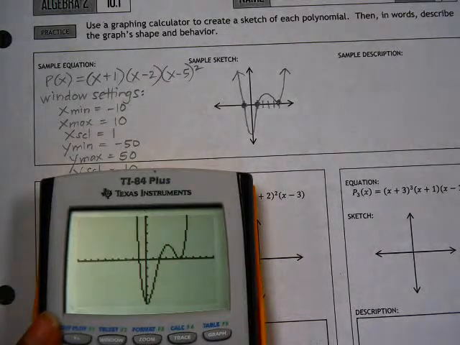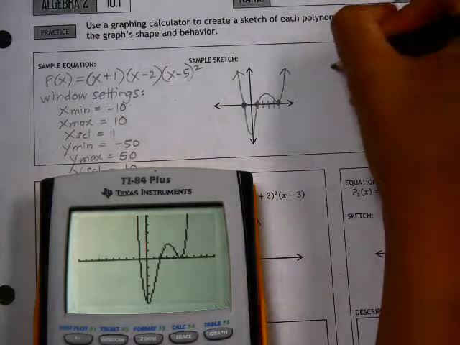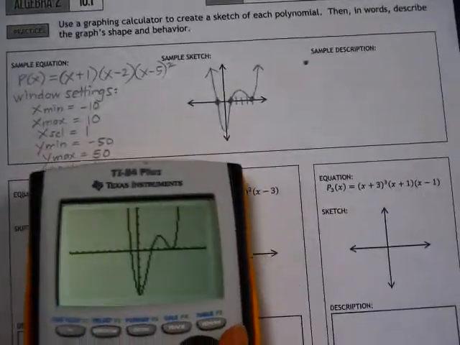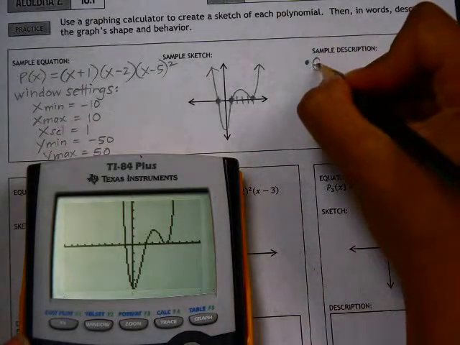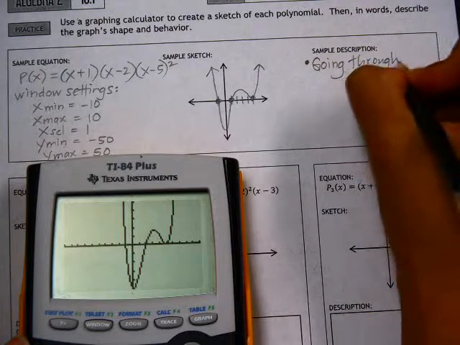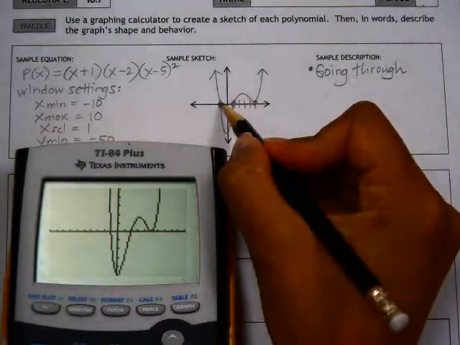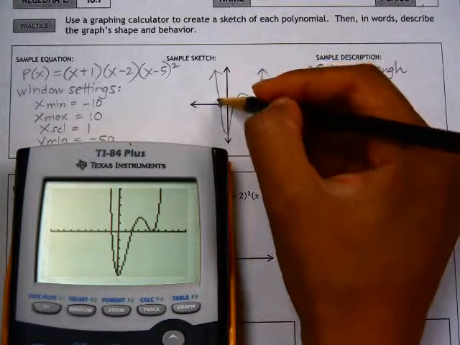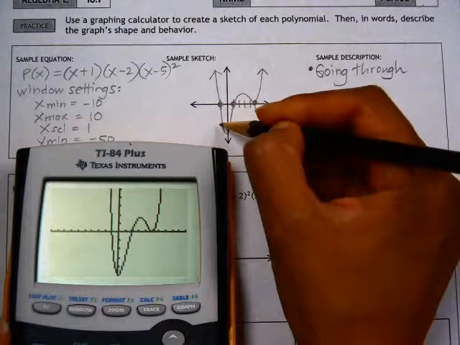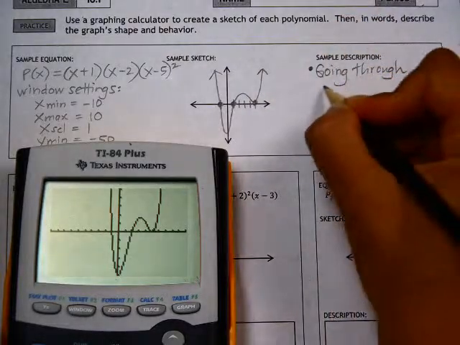After you sketch the graph, there are a few things we need to describe. The first part of the description is the x-intercepts. So we're going to say going through, and the points we're going to describe as going through are the x-intercepts where the graph starts on one side of the axis and then goes through to the other side. So -1 is one point where the graph goes through.